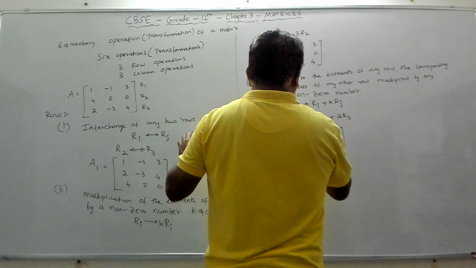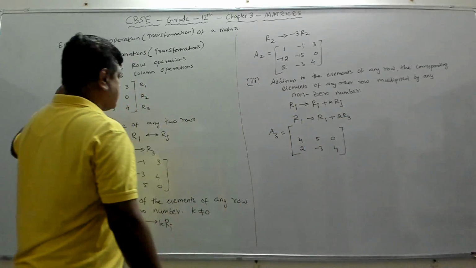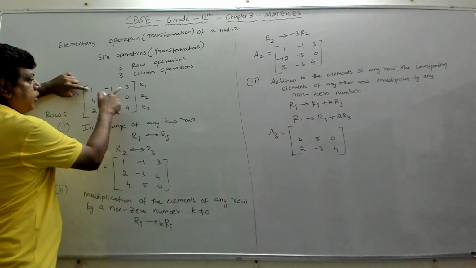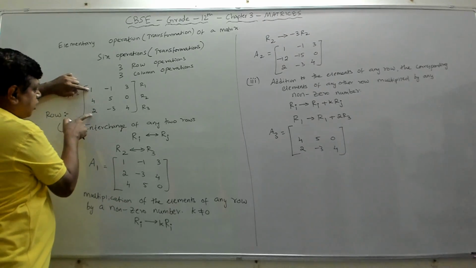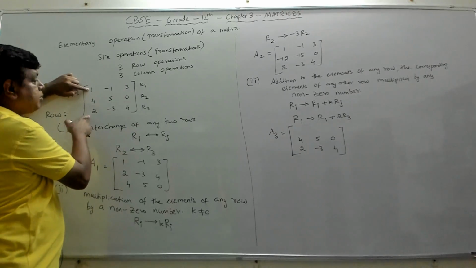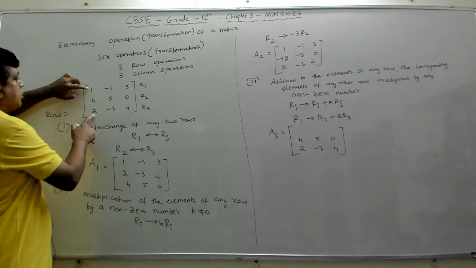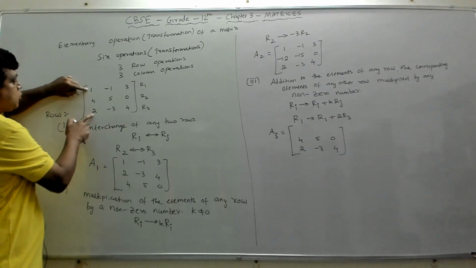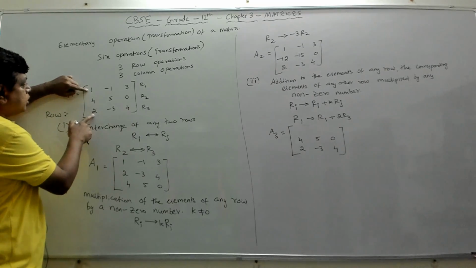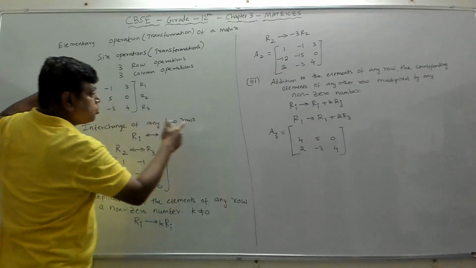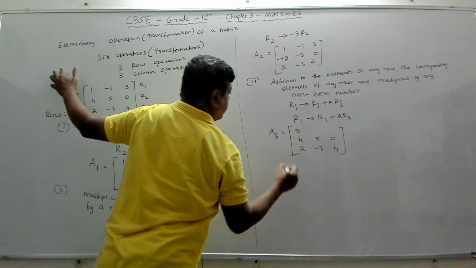So now let's apply this. R1 implies R1 plus 2 times R3 means I have to take the first element in R1, which is 1, plus 2 times the corresponding element in R3, which is 2. So 1 plus 2 times 2, which is 5.